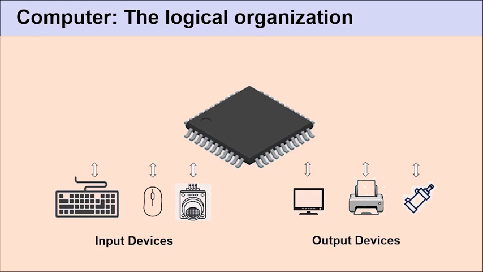The PIC microcontroller, the Atmel microcontroller, or the Arduino board that some of you may have seen already are such examples. In these cases, the input devices and the output devices are connected directly to this integrated circuit, which includes the CPU, memory, and storage as one single component.